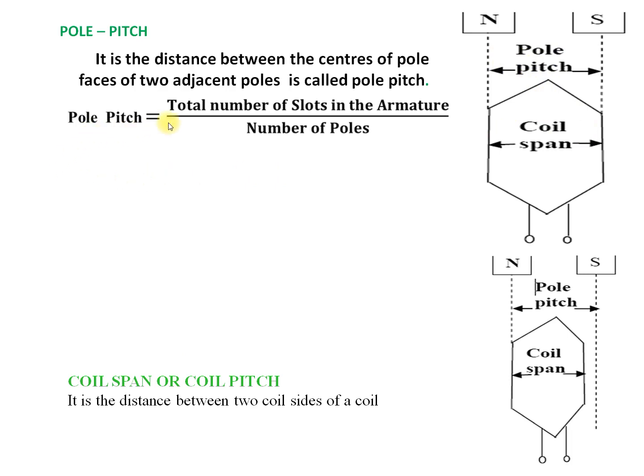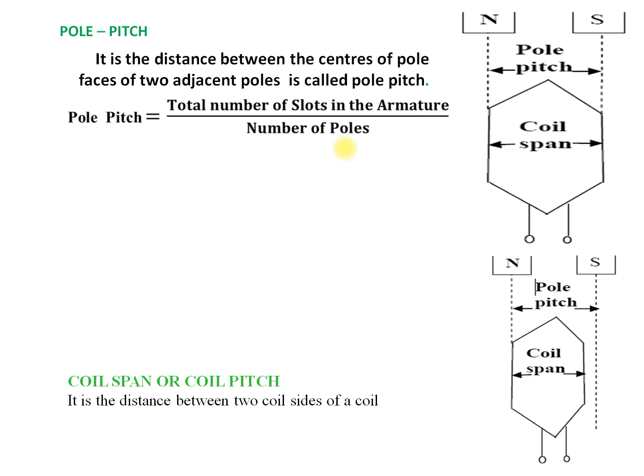So the pole pitch can be calculated as the total number of slots in the armature divided by the number of poles. So the number of poles will be chosen as an even number.